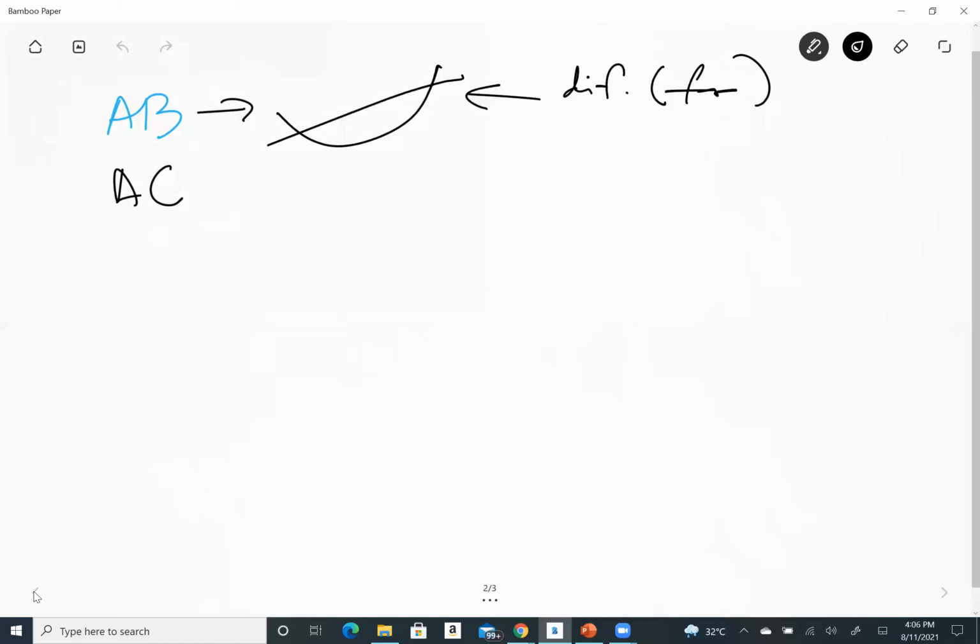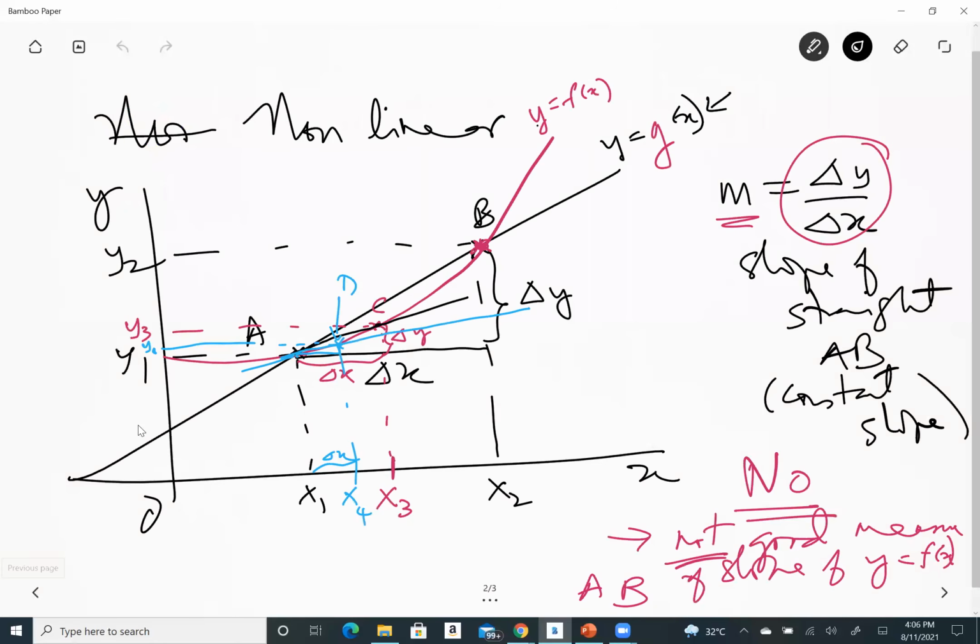You use the same approach. You compare the straight line AC with the curve AC. What can you say? Are they still very far away from each other? Near. They are nearer.